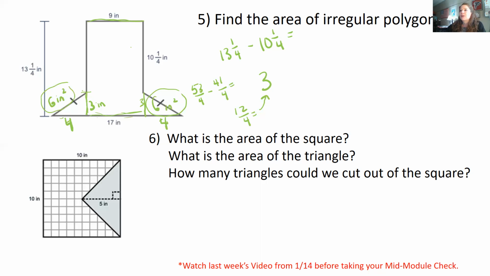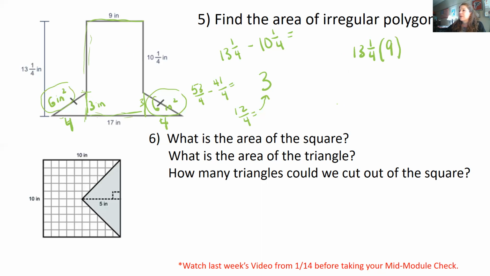And then we want the area of our rectangle, which is a 9 by not 10 1/4, but it's 13 1/4. It's the whole length, right? So I'm going to multiply 13 1/4 by 9.